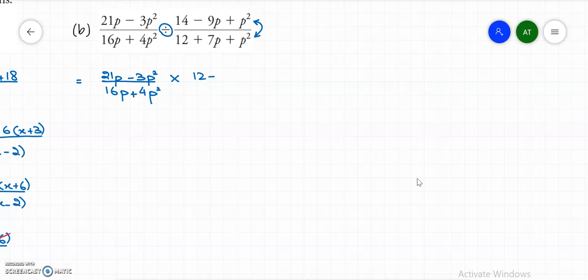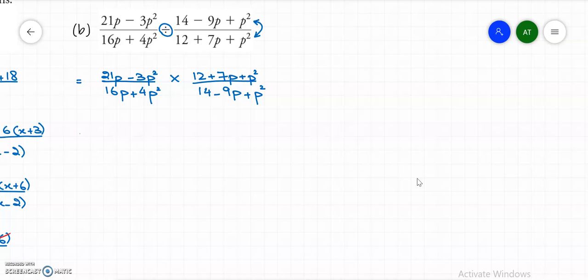So 12 plus 7p plus p square over 14 minus 9p plus p square. So whenever you have a division, keep the first expression as it is, turn the division into multiplication, and take the reciprocal of the second expression, right?